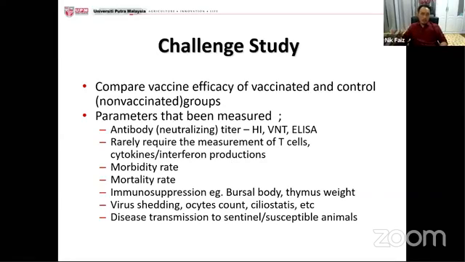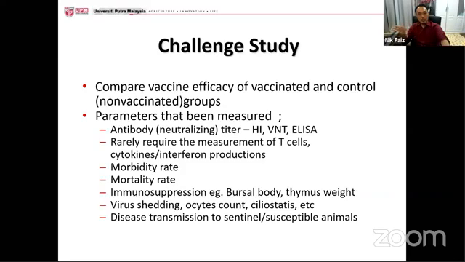and some experiments will also measure cell-mediated immunities. You also measure morbidity rate or mortality rate, and immunosuppression, for example, bursa or thymus weight, because the vaccine in itself can also induce immunosuppression. So challenge study is when you evaluate the vaccine efficacy and the side effects.